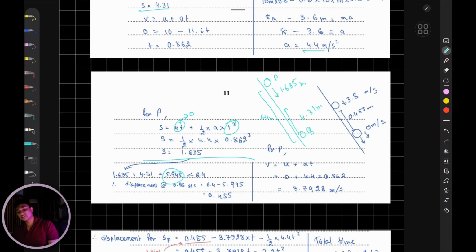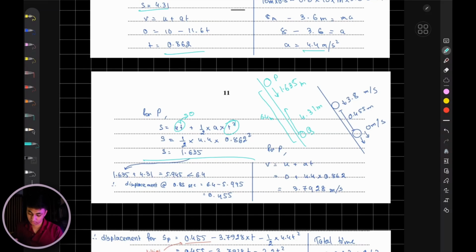And this is where this question becomes more difficult. Since they don't meet, I have to now find out at what time more than 0.862 seconds will they come in contact, right? So after the initial 0.862 seconds, they're going to travel further down and come in contact. Great.